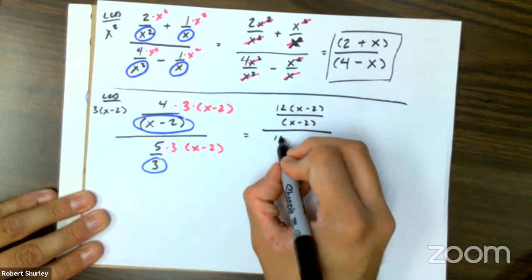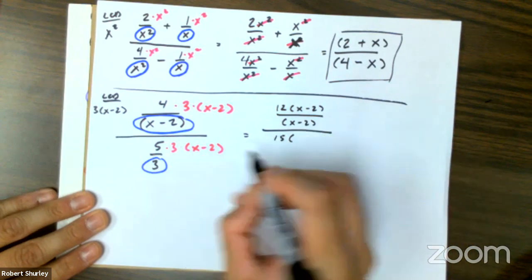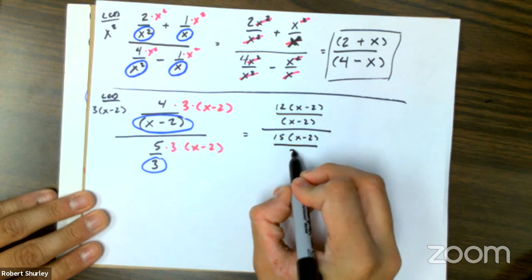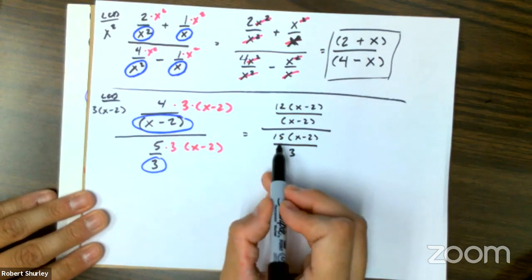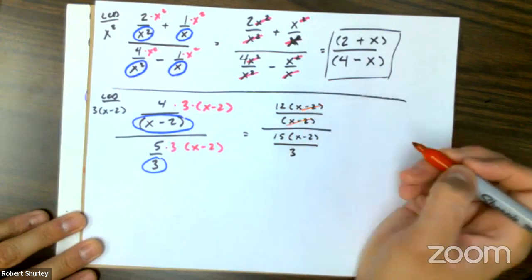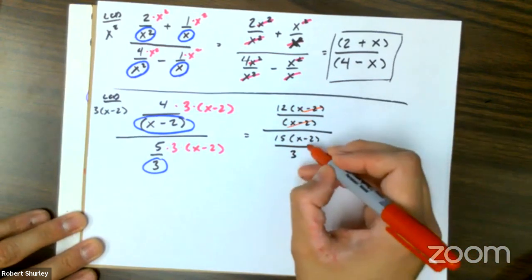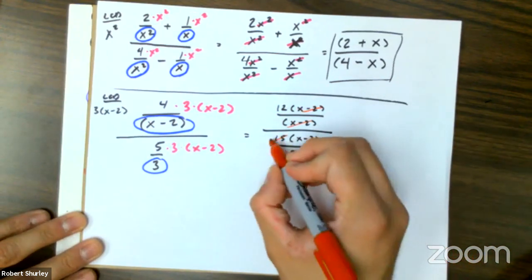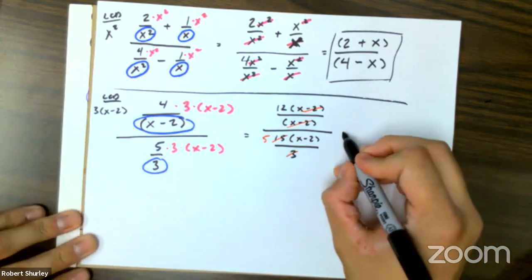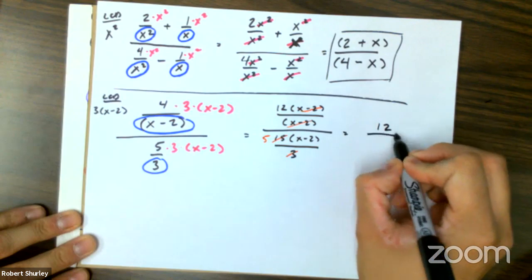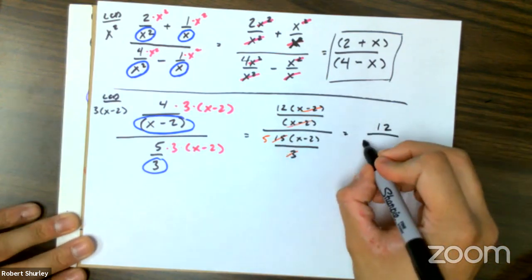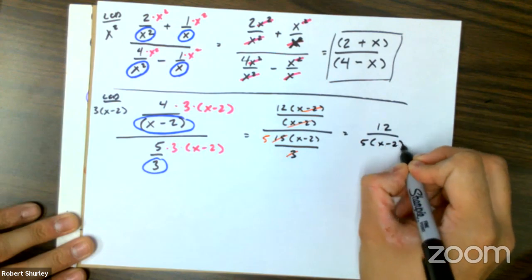And on the bottom, I wind up with 15 times x minus 2 over 3. We can see this is going to cancel with the 15. So let's do that. So the x minus 2 cancels, leaves me with 12. The 15 and the 3 cancel, that leaves me with 5, right? So I'm left with 12 in the numerator, right? Because these binomials cancel. And in the bottom, I'm left with 5 times x minus 2.